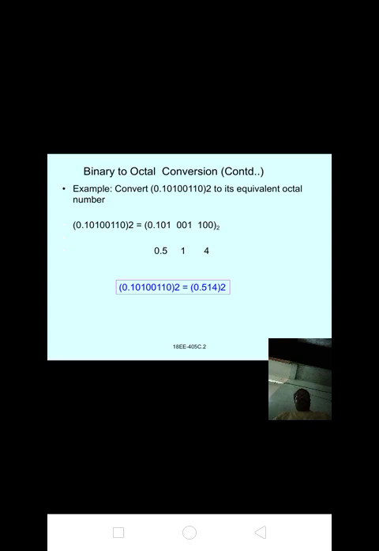Now the value is 0.514 base 8. Okay, write this problem. It also came in previous examinations. Kindly observe it and write neatly in your notebook.